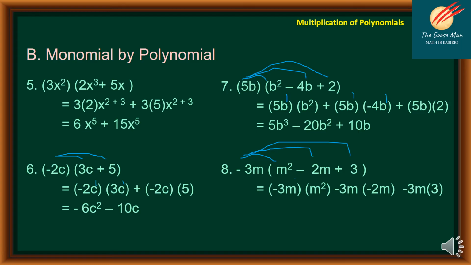We have negative 3m raised to 1 plus 2, so we have 3. Next, negative times negative is positive. 3 times 2 is 6. Then add exponents of m, 1 plus 1 will give us 2. And finally, we have negative 3 times 3 is negative 9 and copy b.